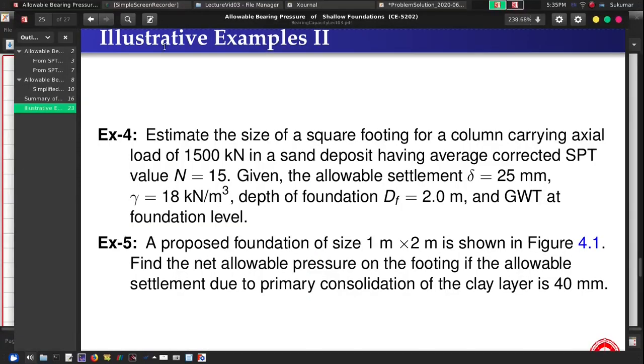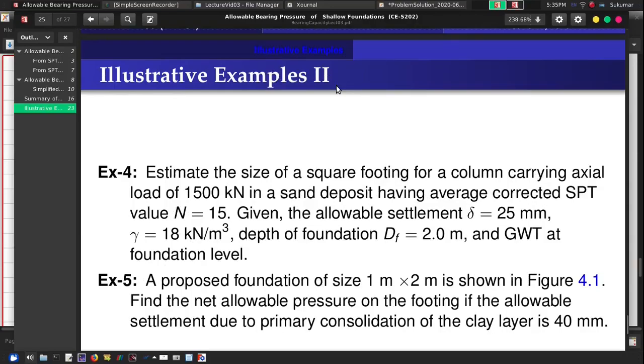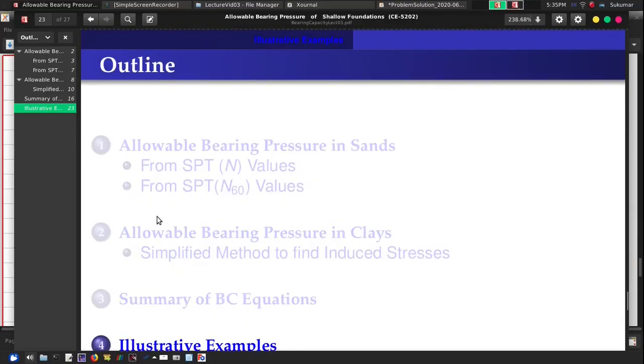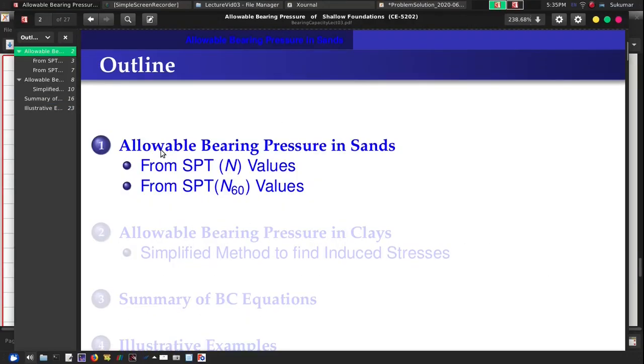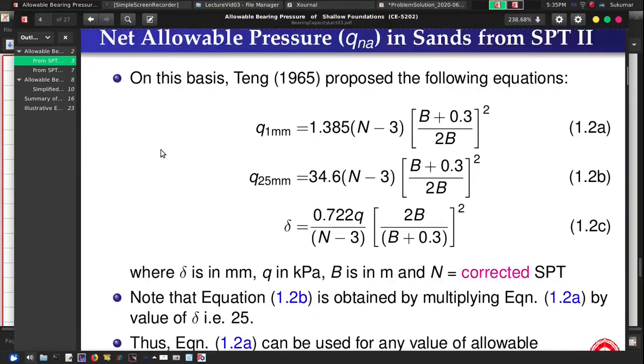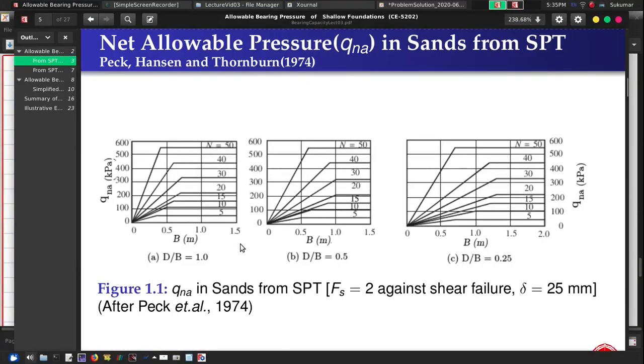So let me show you those curves. Hope you remember. These are the curves we had already discussed, and it gives us the net allowable pressure on the foundation for a settlement of 25 mm with a factor of safety of 2.